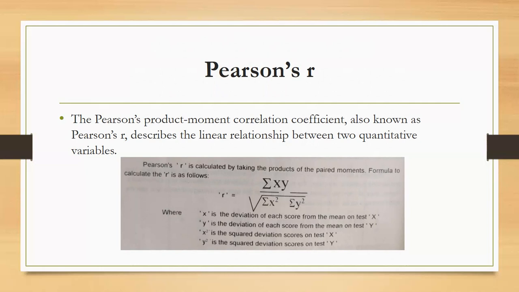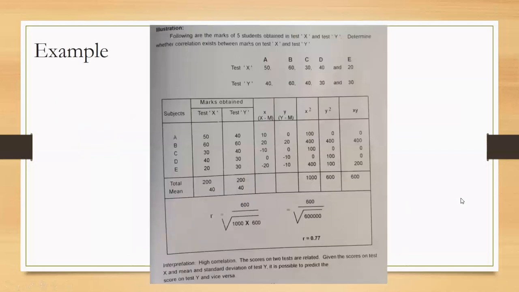You can see what each of these means. So x is the deviation of each score from the mean on test x, y is the deviation of each score from the mean on test y, x square is the squared deviation on test x, and y square is the squared deviation on test y.